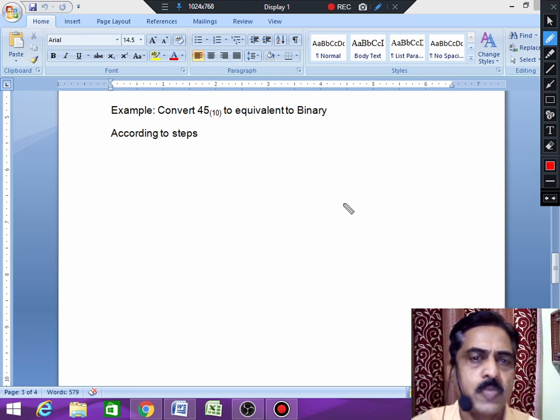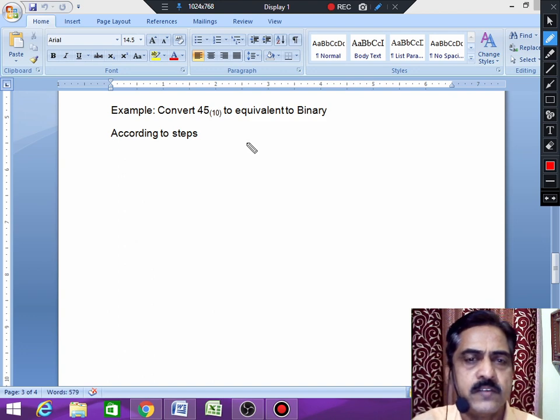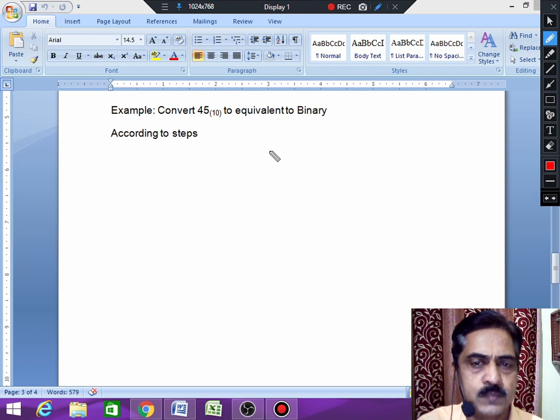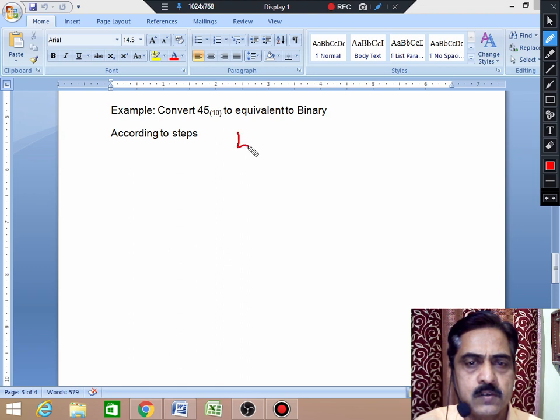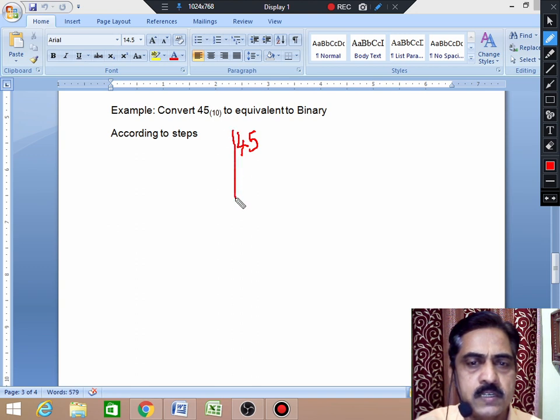Here we have to convert 45 base 10 to binary according to the steps. So here I am writing first 45. This is the decimal number which I have to convert into binary. The first step is divide the given number by 2.